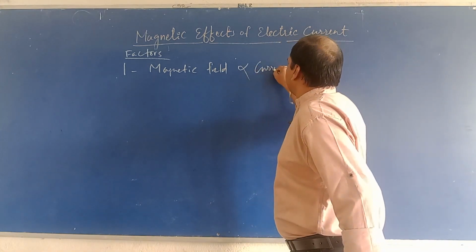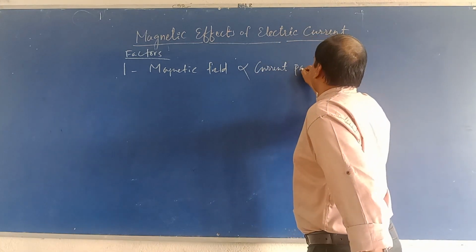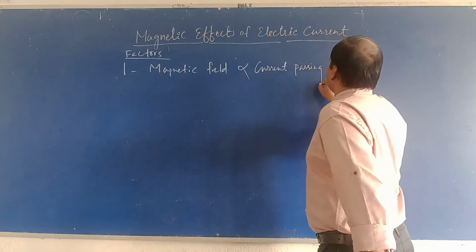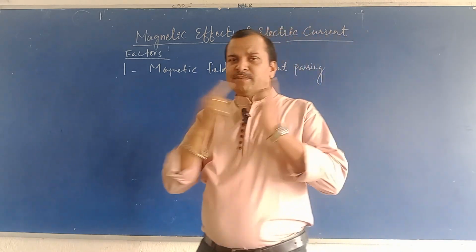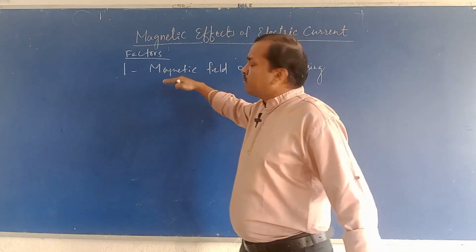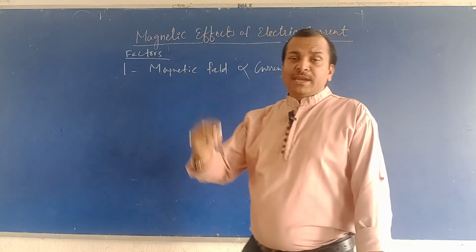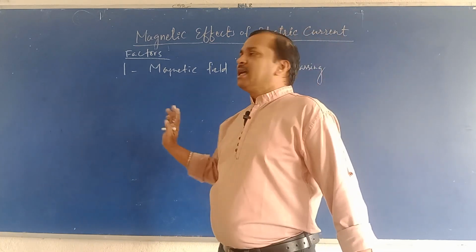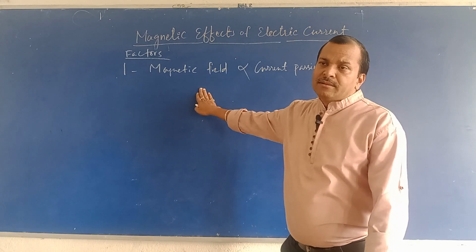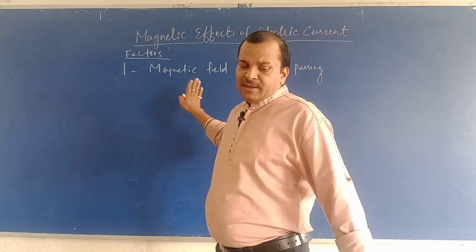When the current is maximum, the magnetism will be more. When the current is less, the strength of the magnetic field will be less.